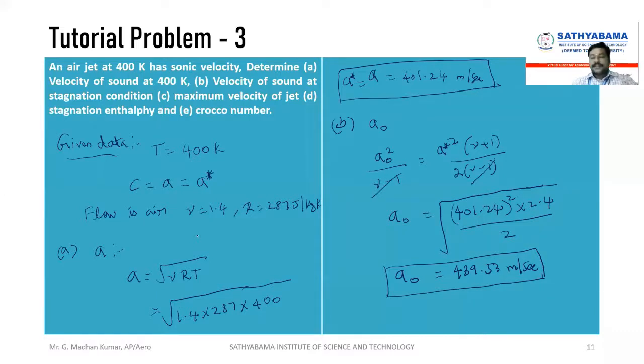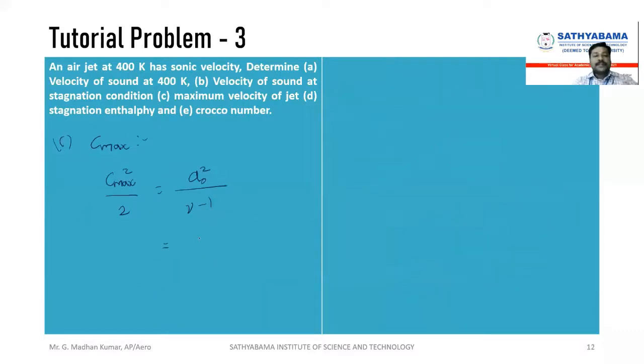So your A naught is 439.5, right? So 439.52 whole square divided by gamma minus 1 is 0.4, right? 2 square, right? So you will find the value of C max.